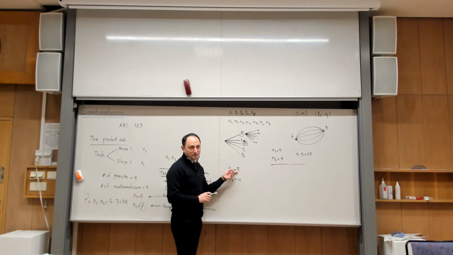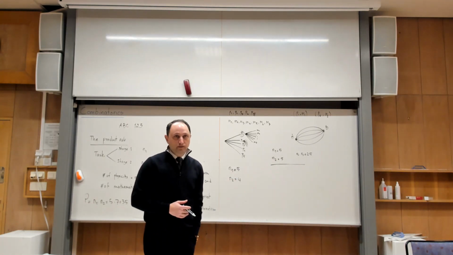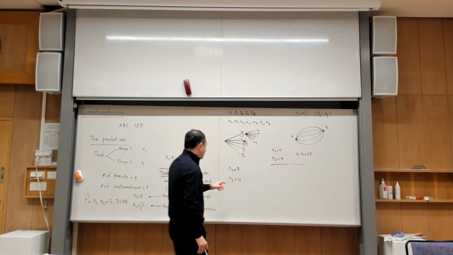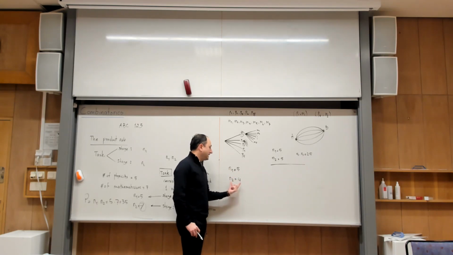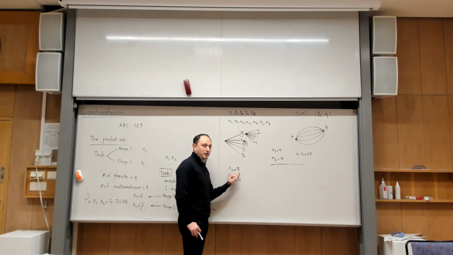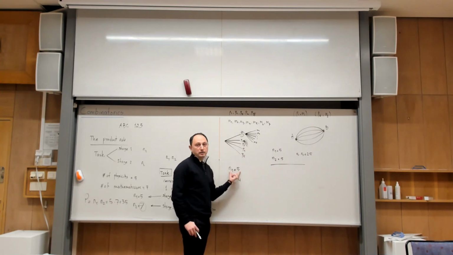Be careful, because if you say yes, it means that the product rule is not applicable. I am saying, is this number independent of how I have done the first stage?